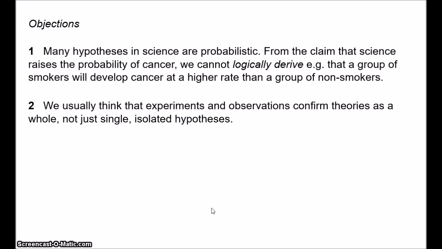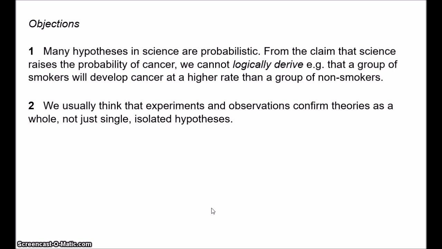This test was performed by Arthur Eddington, who confirmed Einstein's prediction that light bending should be about twice the Newtonian value. The point is that this was seen as a confirmation of general relativity as a whole. Right? It wasn't just a confirmation of the specific hypothesis. The specific hypothesis might be that deflection of light by the Sun will be twice the Newtonian value.